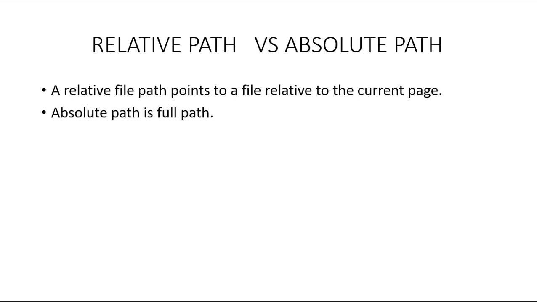Now, absolute path is the full path from root to destination, whereas relative path is from current location to destination. Understood? Let me help you.